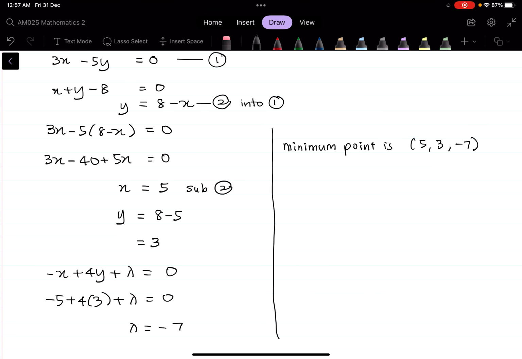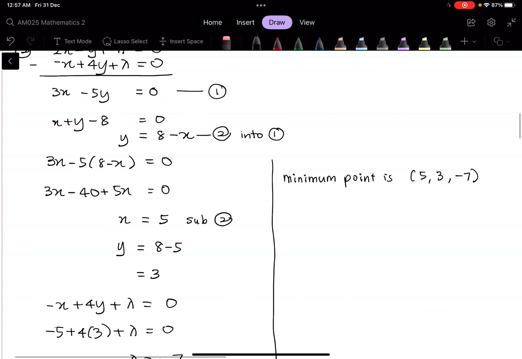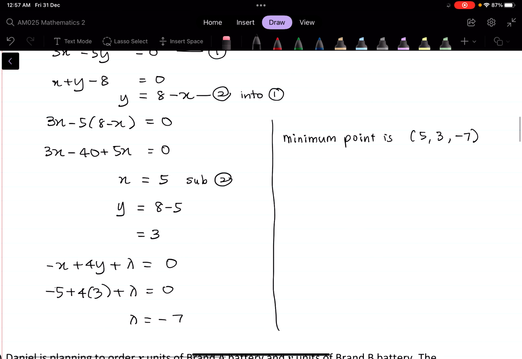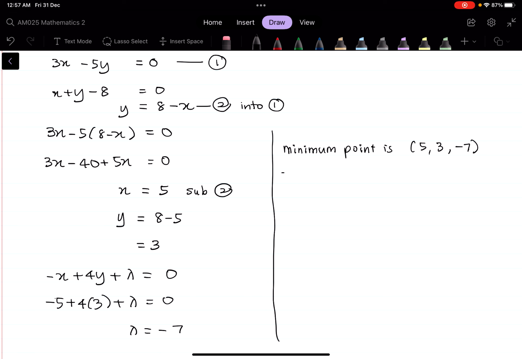So what can we derive from here? It means that we have 5 units of machine x and 3 units of machine y to minimize the cost.